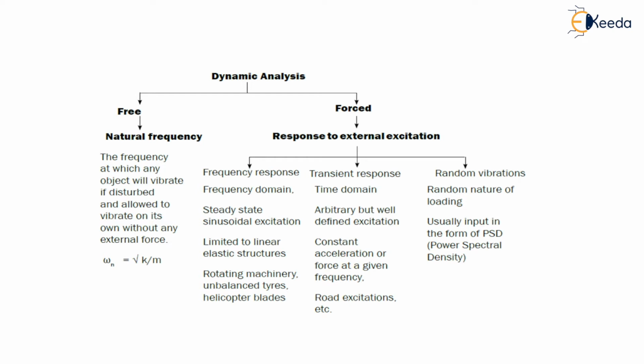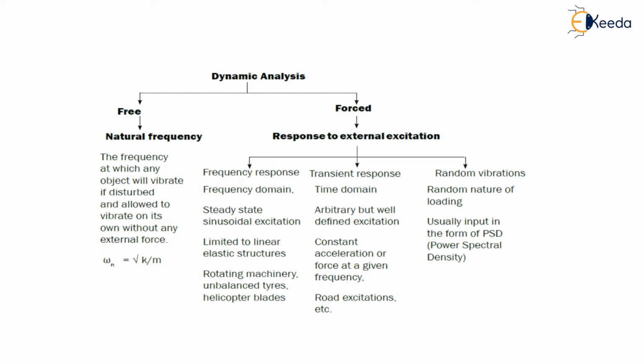Transient response is time dependent, the time domain, where the frequency changes with respect to time. It involves arbitrary but well defined excitation, constant acceleration or force at a given frequency, and road excitations, etc. For example, in road excitation the frequency is continuously changing with respect to time as vehicles pass on the road.